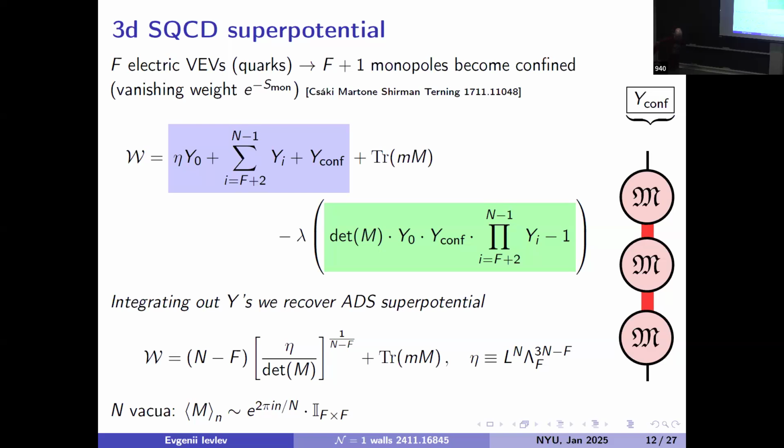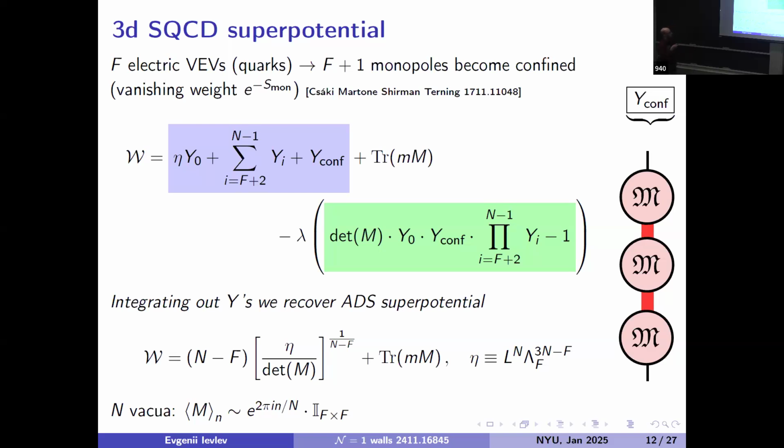Roughly speaking, in this 3D effective theory, we have monopoles. If you start with the pure theory without quarks, you just have monopoles and a monopole-generated potential. But if you do introduce quarks, say you introduce a certain number of flavors, quarks become electric charges in this 3D EFT, and they actually do end up getting some non-zero expectation values, and that leads to confinement of monopoles.